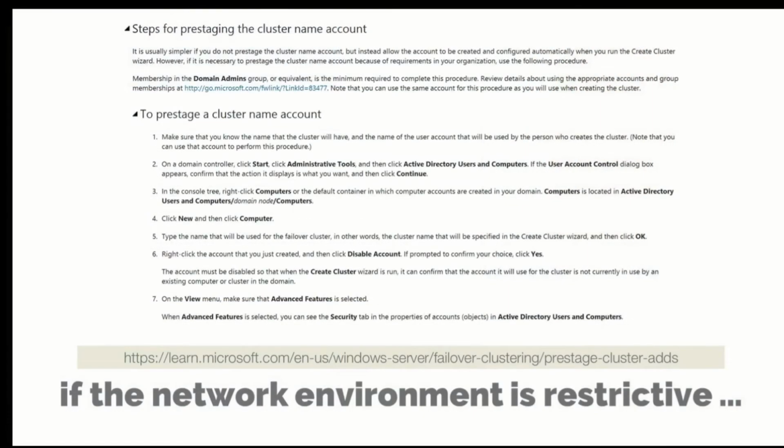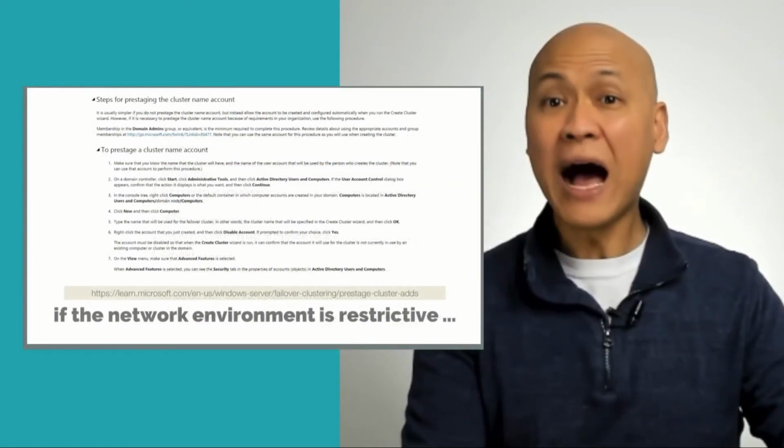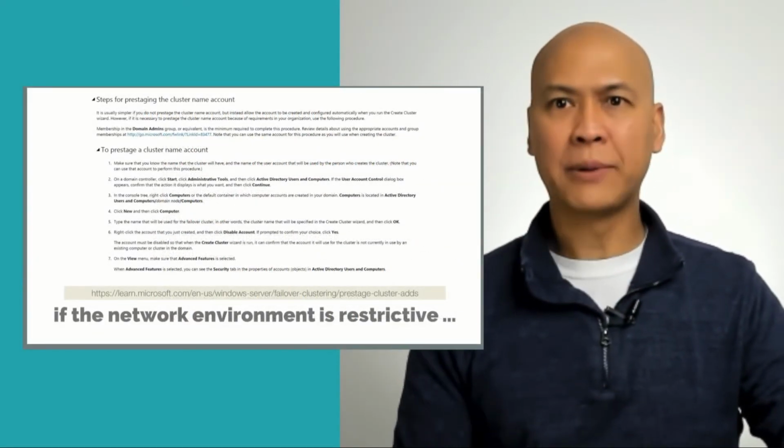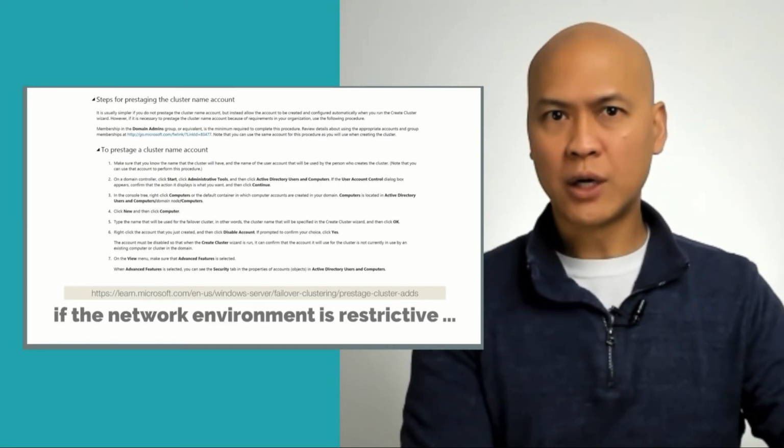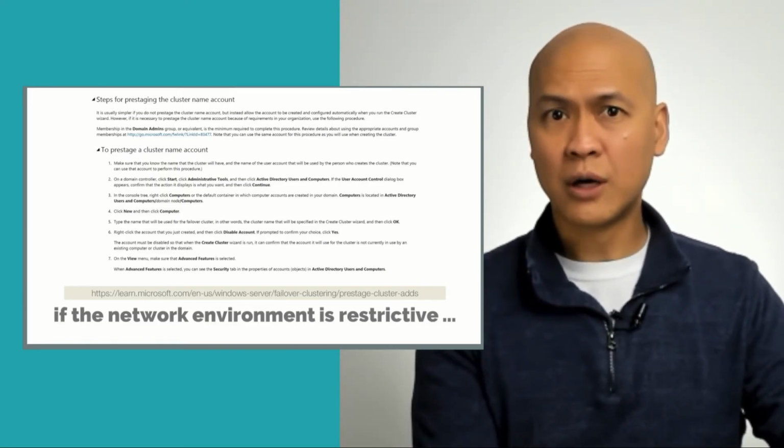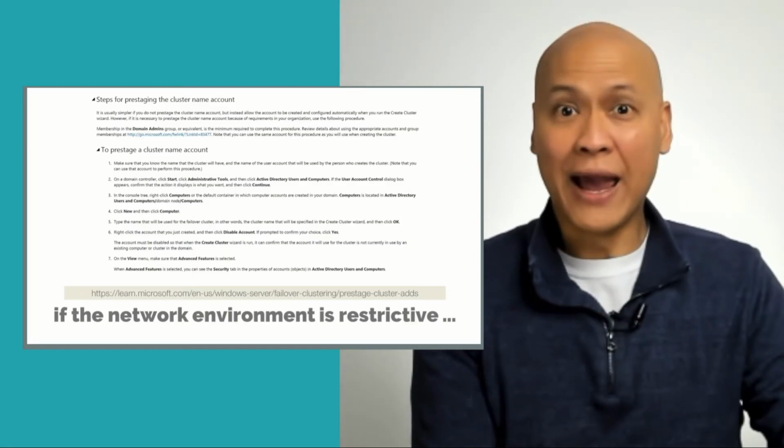Again, that's the Microsoft documentation for that. And this is also one of those things that you can prevent from happening. The reason I allowed this to happen is because the failover cluster validation wizard told you, well, it's okay, right?